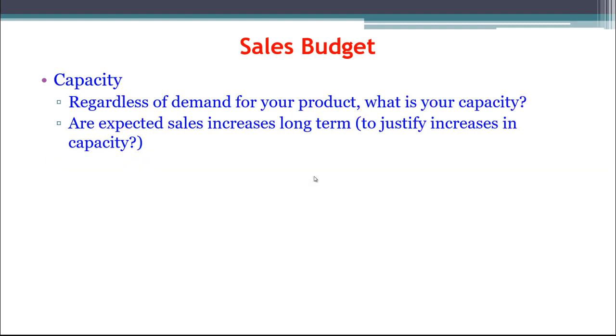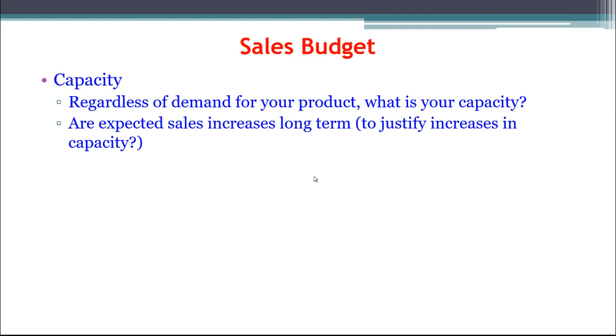Now, of course, if we plan to produce something, we need to know whether we have the capacity to do it. Regardless of the demand, regardless of what we want to do, do we have the capacity? Is it reasonable that we can even meet that expected sales amount? And if we are thinking of expanding, we need to know if the expected sales increases are long-term, or is it just a short-term demand fluctuation?